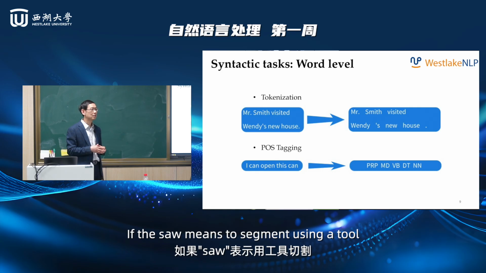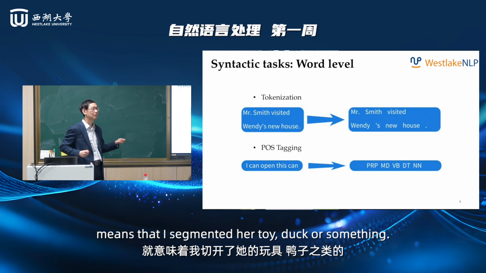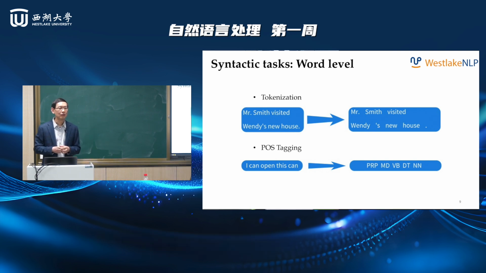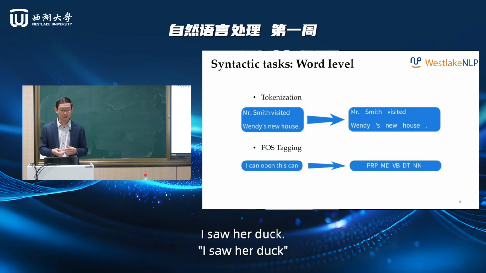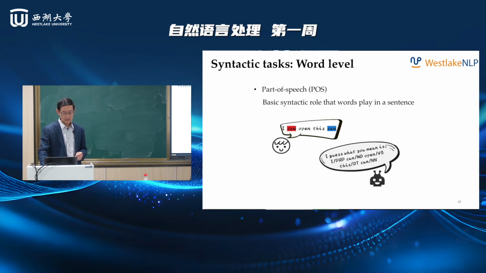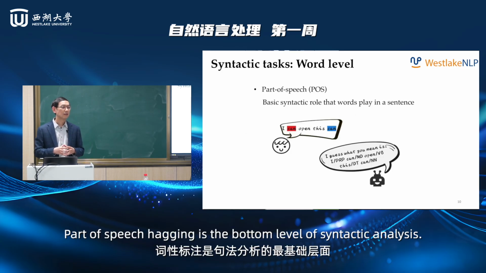If the saw means to segment using a tool, it means that I segmented her toy duck or something. Or it can mean I saw her ducking away from something, right? I saw her duck, okay.